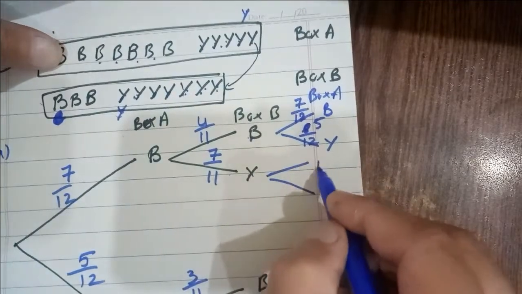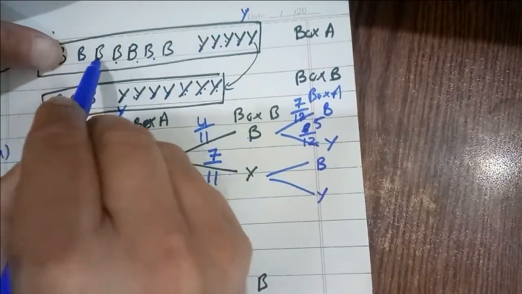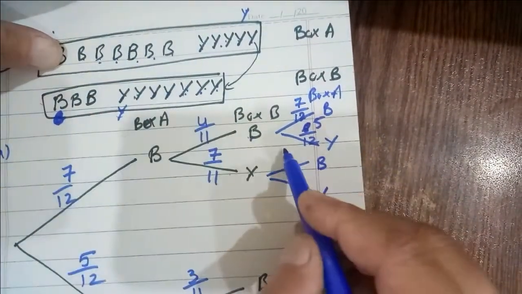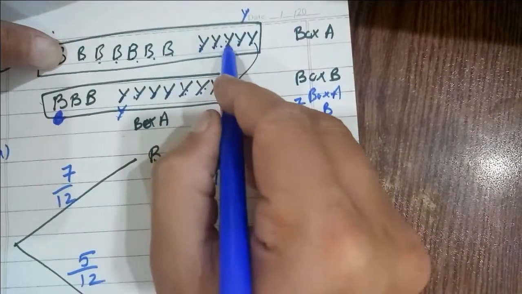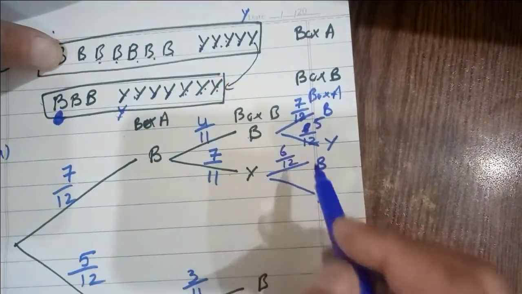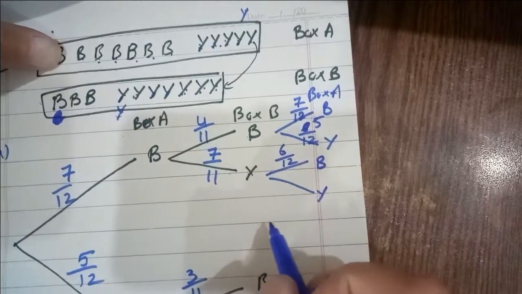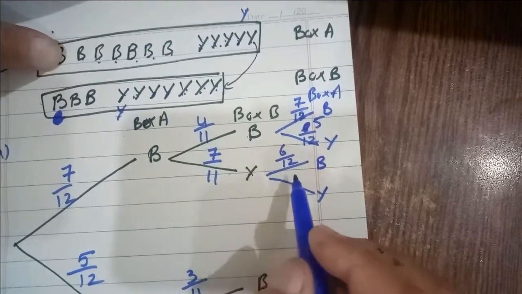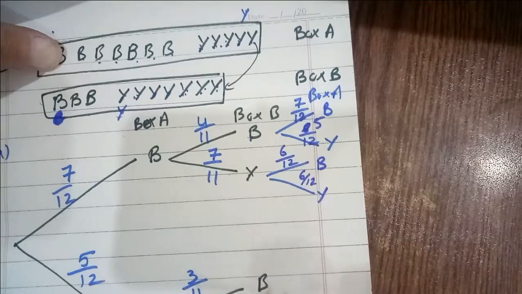So the probability of getting blue will be 6 over 12, and for getting yellow, again 6 over 12.